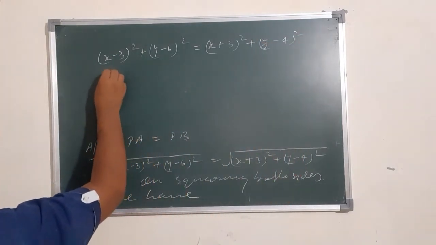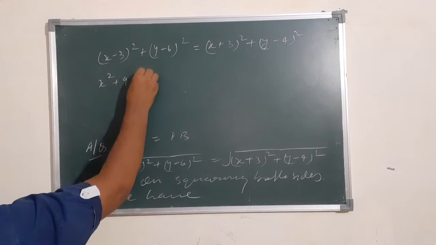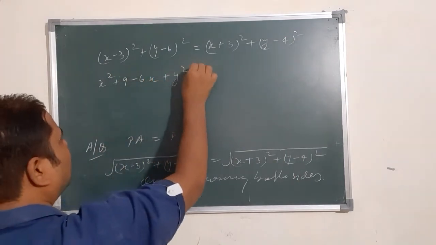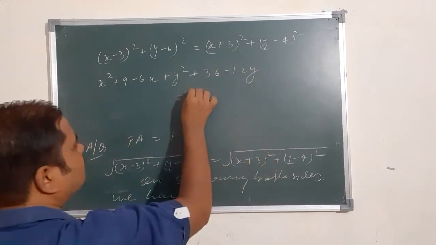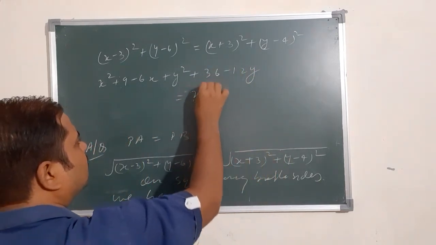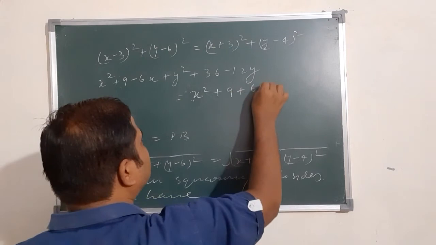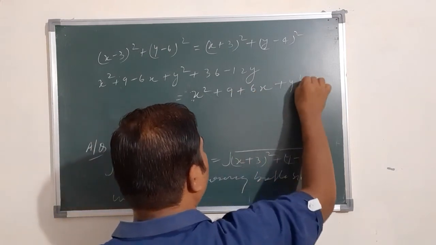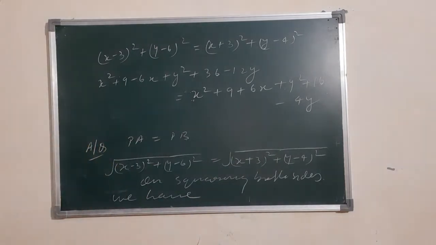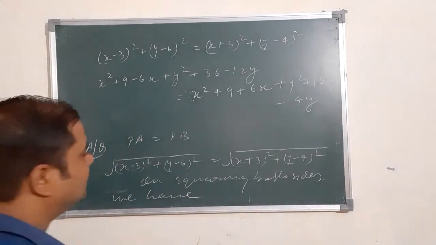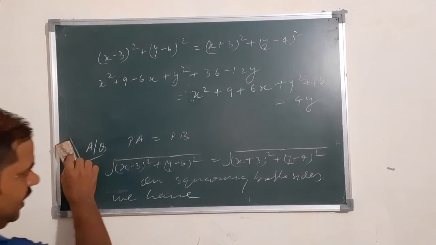This is x² plus 9 minus 6x plus y² plus 36 minus 12y, and this is x² plus 9 plus 6x plus y² plus 16 minus 4y. Okay, and now solve, we will get the relation between x and y.